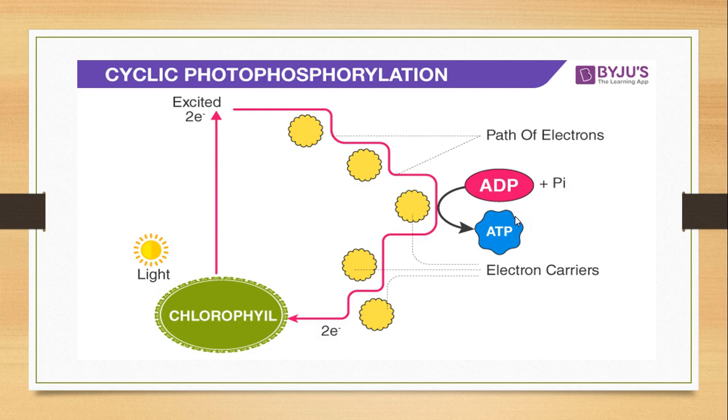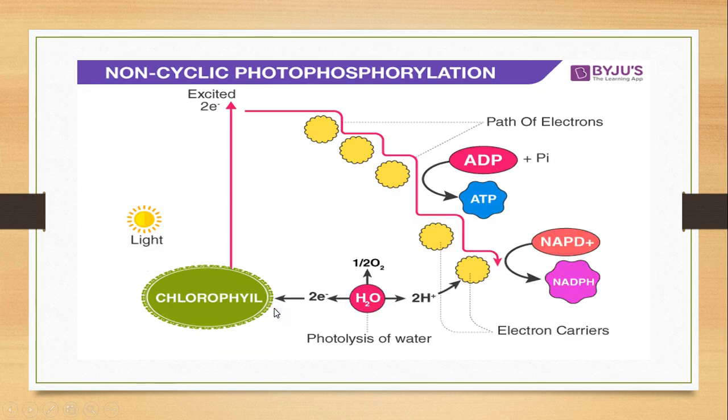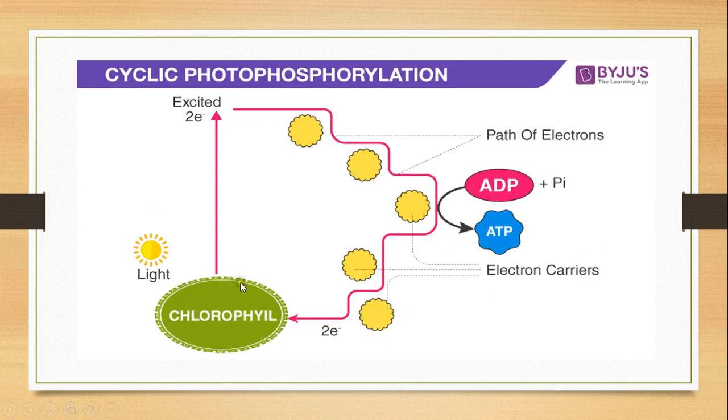So at the start, a stimulus of light initiates the chlorophyll and excites the electrons. These excited electrons undergo the electron transport chain, the continuous moving of electrons to various cofactors and coenzymes.